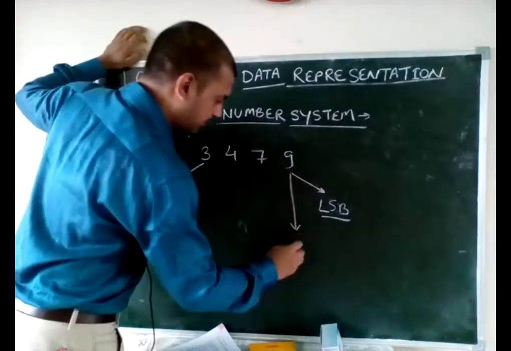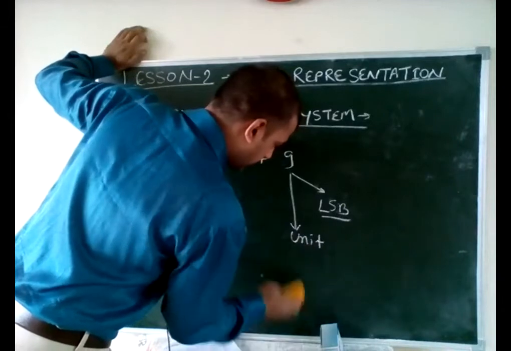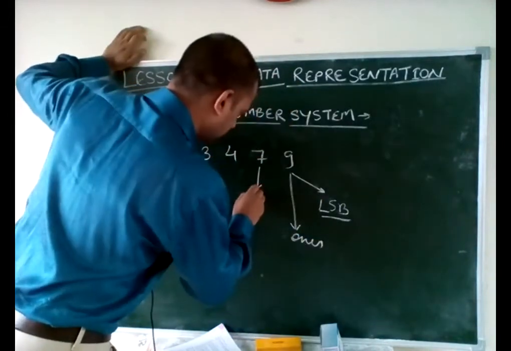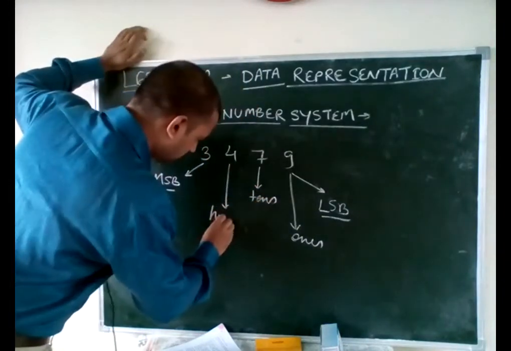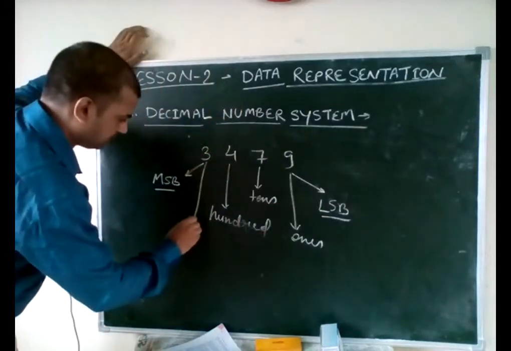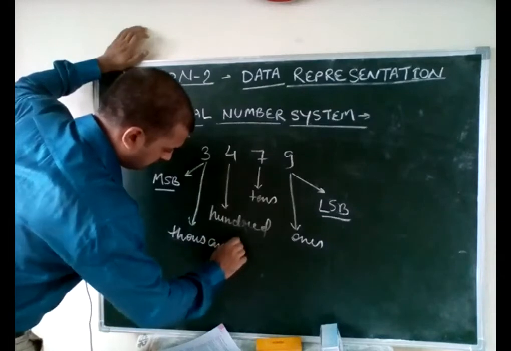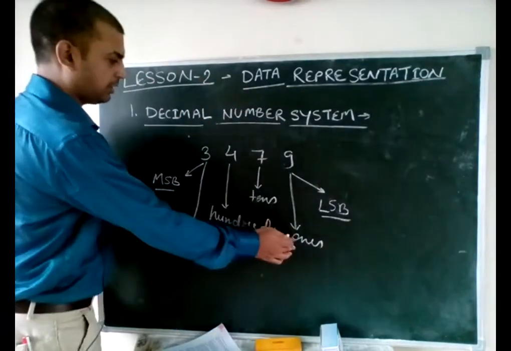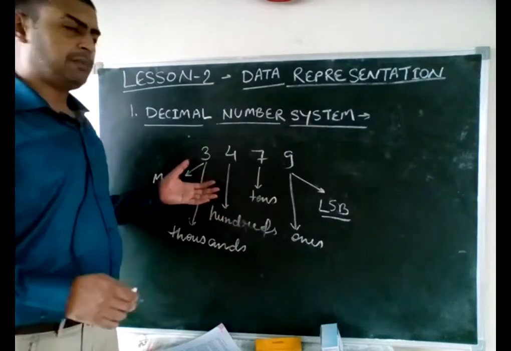This is called units place or ones, tens, hundreds, thousands. This is ones, tens, hundreds and thousands place. This is the place value.